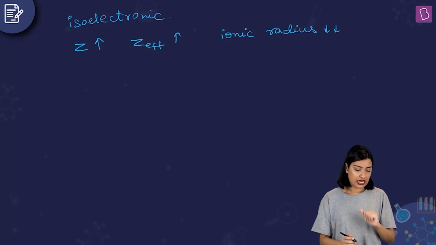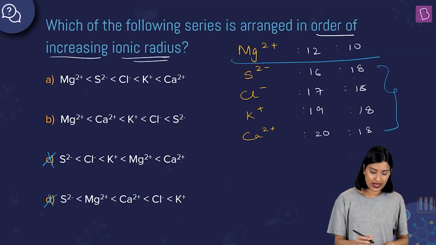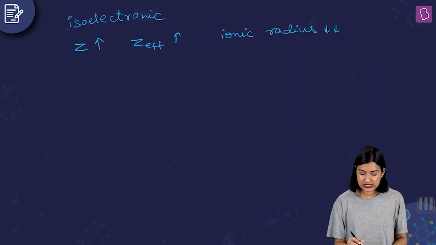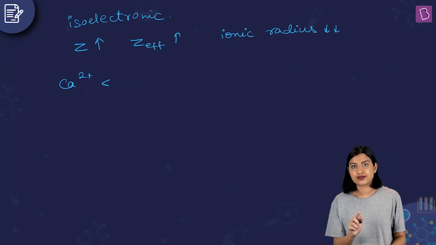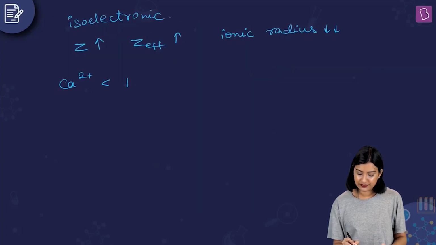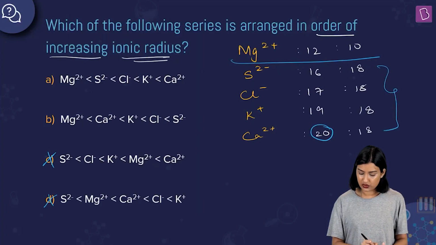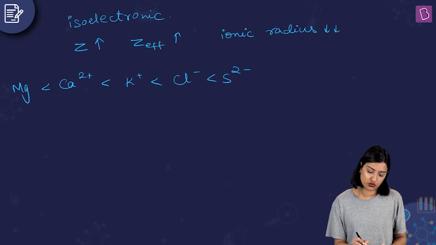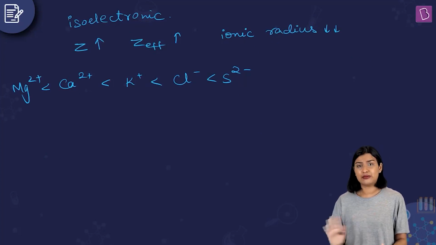Now where do you have the highest atomic number? The highest atomic number is in Ca2+, so Ca2+ will have the least radius, followed by K plus, followed by chloride ion, followed by sulfide. And of course, you had your magnesium 2 plus here, which is anyway minimum.